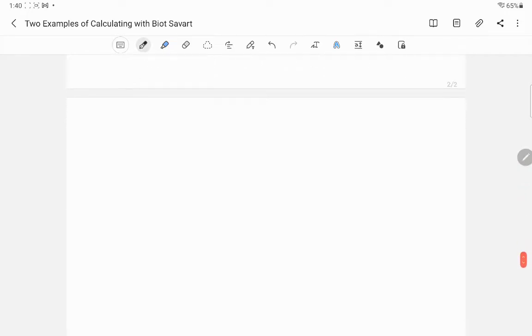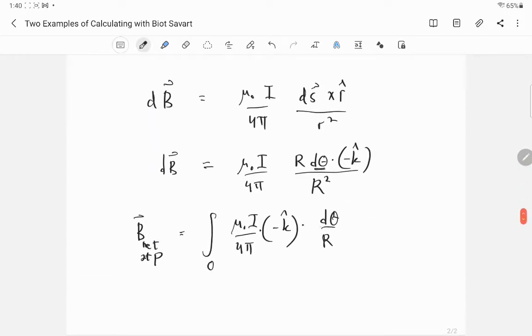But whenever you integrate with angles, you must use radians. If you integrate with an angle, you have to use radians, or else you don't get the right answer. So use radians. So 90 degrees is the same as pi over 2 radians.